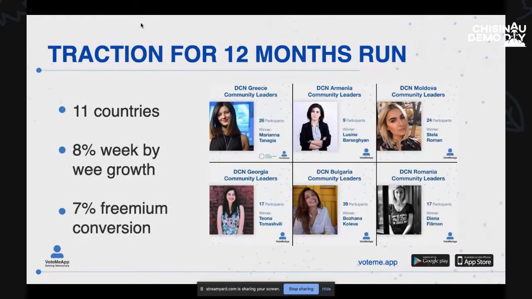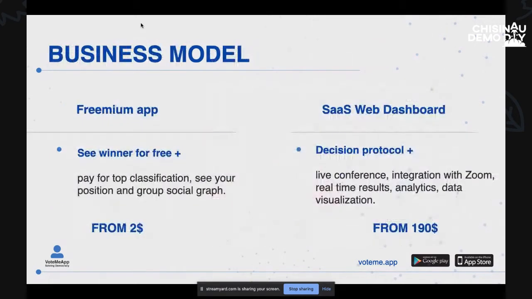So far, during the last 12 months, we tested our application in 11 countries. We have 8% week-by-week growth in terms of votes. And because we have a freemium app, about 7% of people are unlocking the paid functions of VoteMeApp. We have two business models: the freemium app and the enterprise web dashboard for organizations that is integrated with Zoom and starts at around $200.